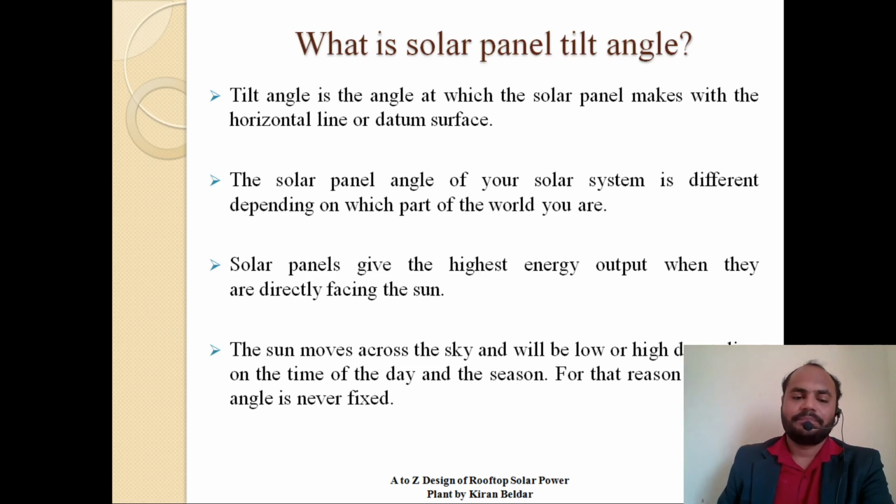The sun moves across the sky and will be low or high depending on the time of day and the season. For that reason, the ideal angle is never fixed.